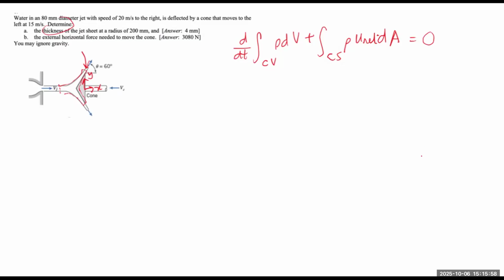In the chosen frame of reference, as the cone moves, since the coordinate system is fixed to the cone, we have steady state flow. So the first term is going to be 0. Now we have to find the integral over the control surface of rho relative velocity dot dA, which is equal to 0.